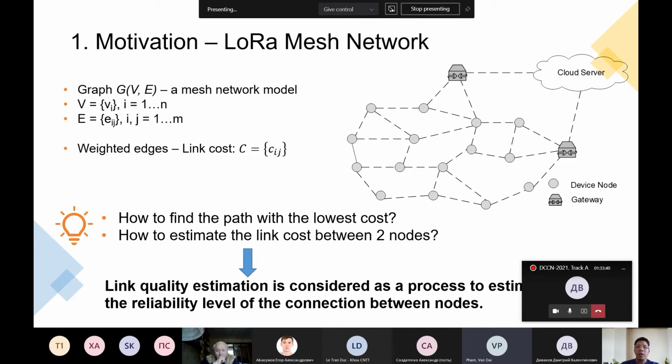For instance, it is an assistant for routing protocols to maintain the routing paths and routing tasks, and moreover, it can also assist in maintaining the network topology. So in this work, we propose a method to estimate the link quality in the LoRa network.